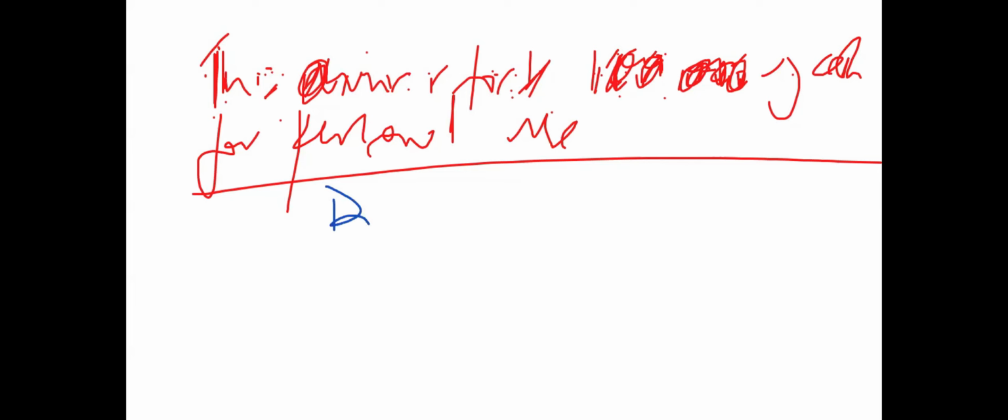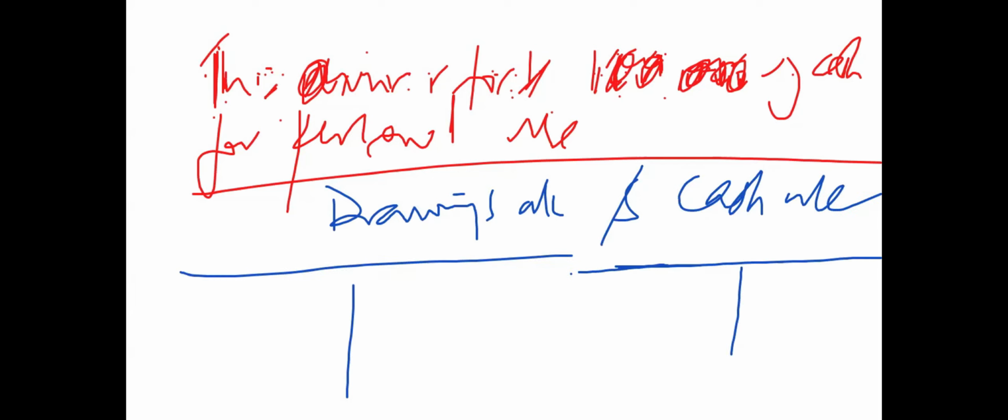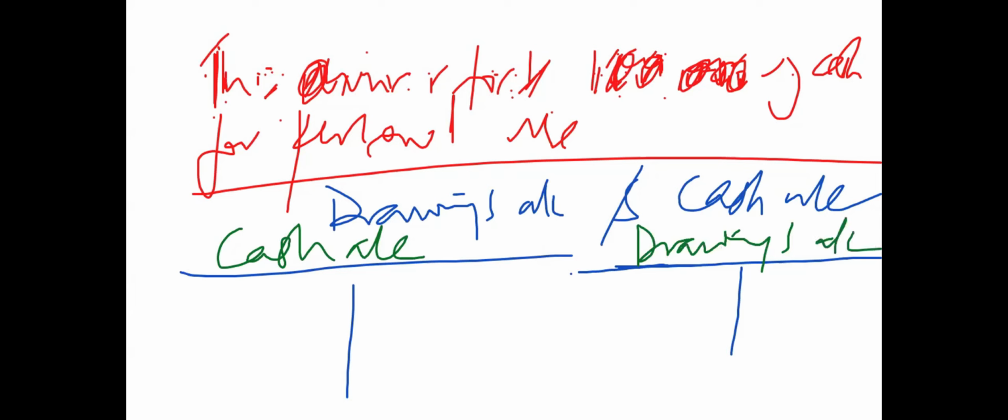So we have the drawings account and then the cash account. We draw them. This is the cash account, this is the drawings account. Now we know that cash is a real account, and we need to know whether cash is coming in or is moving out.